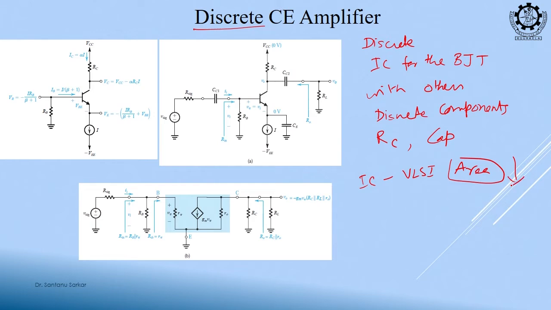You will try to reduce area as much as possible. So, all of these coupling capacitors you may not use in integrated circuit design, because they require large value of capacitor. Okay. So, discrete biasing is a little bit different than integrated circuit biasing. So, we may not use large value of capacitor because of the area constraint, we want to reduce it as much as possible.